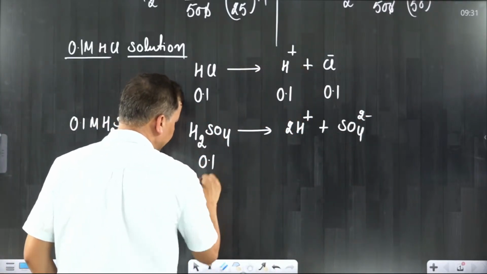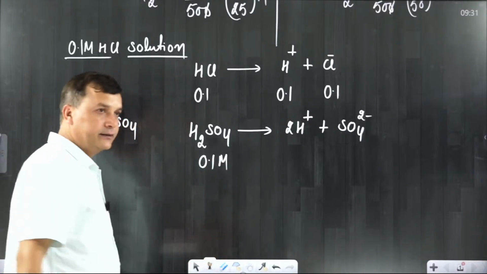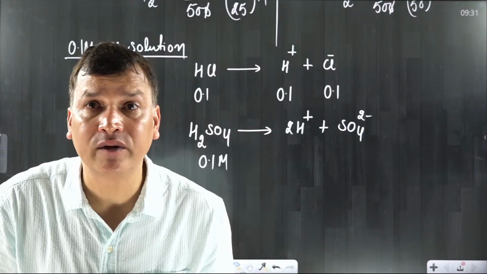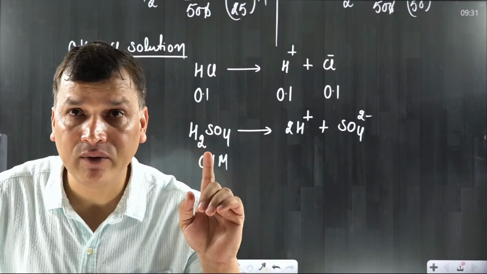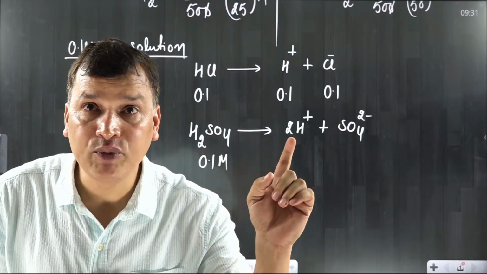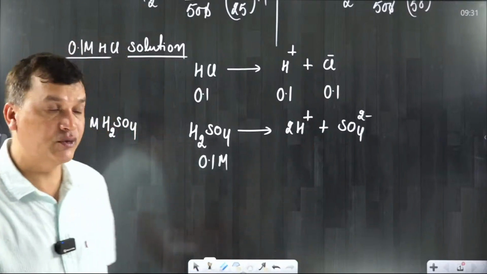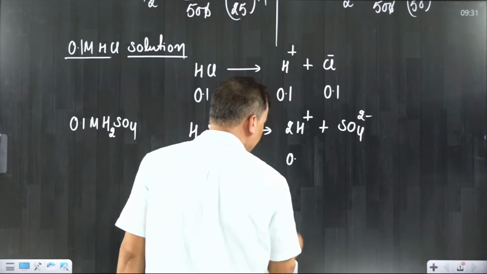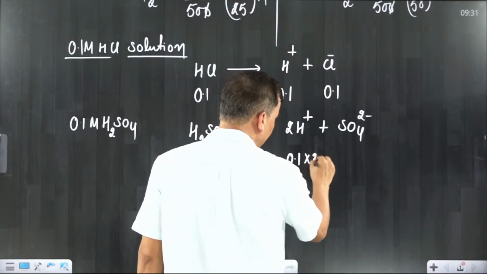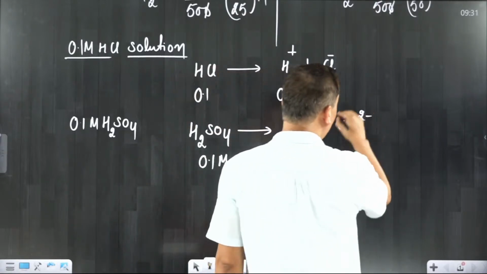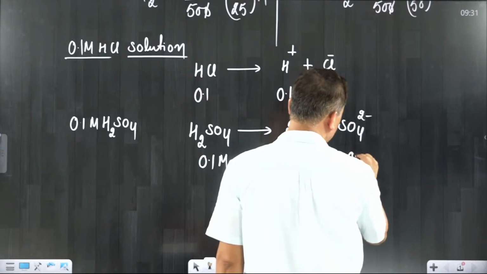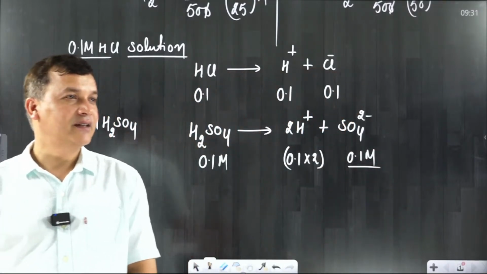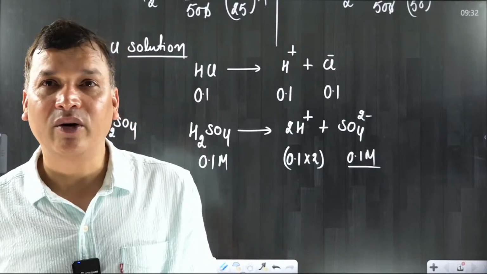Molarity of the sulfuric acid is 0.1 molar. May I ask you, what will be the molar concentration of H positive? From one molecule of sulfuric acid, how many H positive are ionizing there? 2 H positive. So dear friend, molar concentration of H positive will be 0.1 into 2. And what will be molar concentration of sulfate ion? This is 0.1 molar only. Yes, you got it or not?